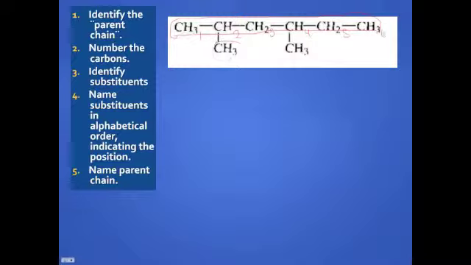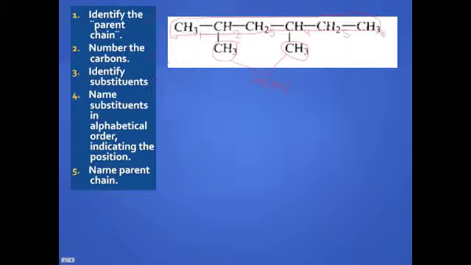The next step is to identify the substituents. We can see we have only one carbon atom. Therefore, our substituent will be methyl. So we have achieved the first 3 steps, and the fourth one says we need to name the substituents in alphabetical order, indicating their position.